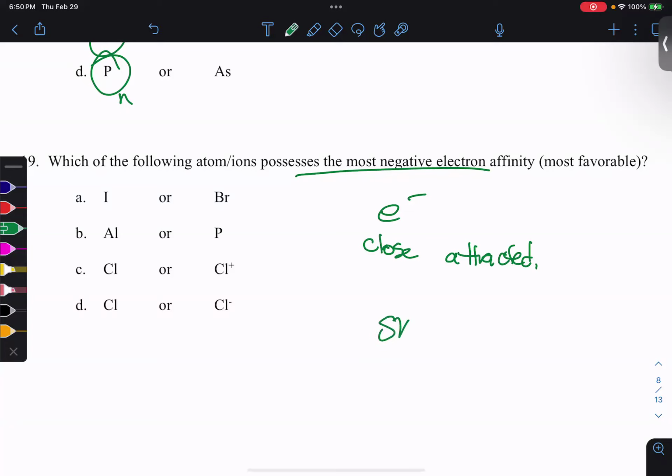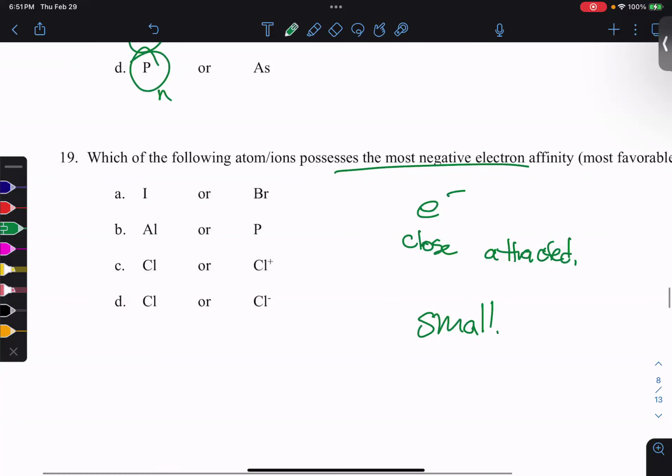So we are just looking for what is small, the smaller thing. So iodine or bromine, in which one will you get more energy back? Bromine, why? Because it's smaller, I know, but like for what reason? Yes, N. Aluminum or phosphorus, which one will you get more energy back?